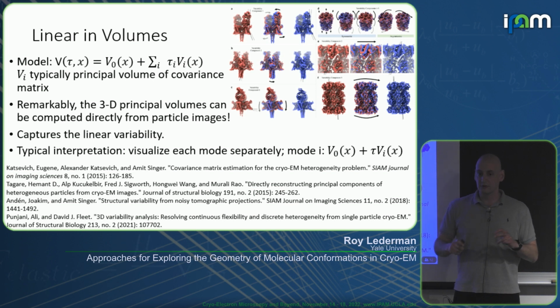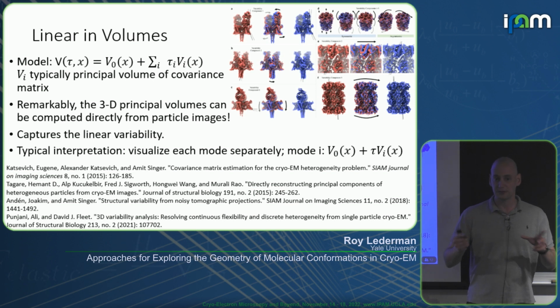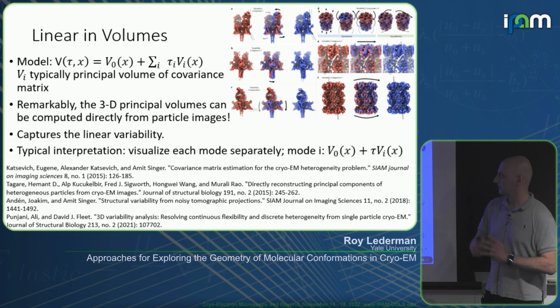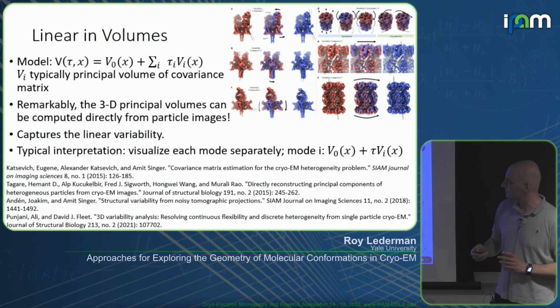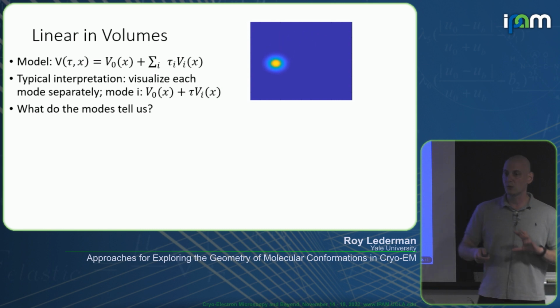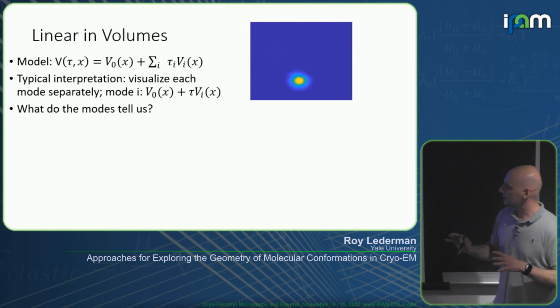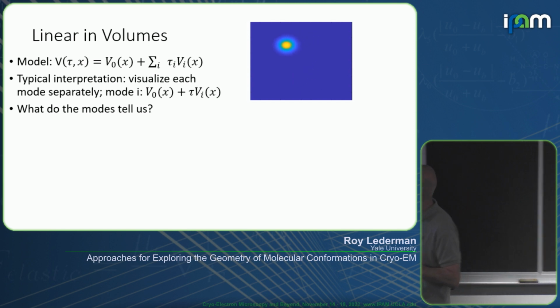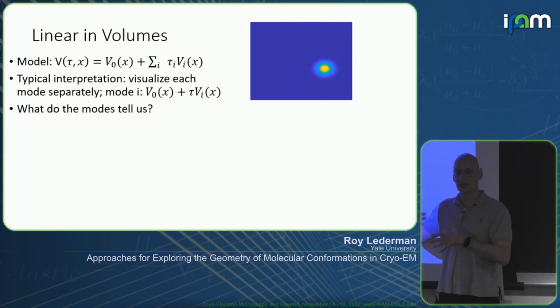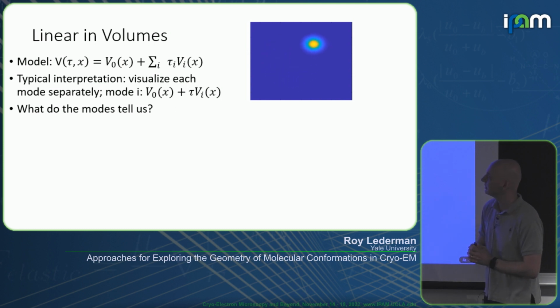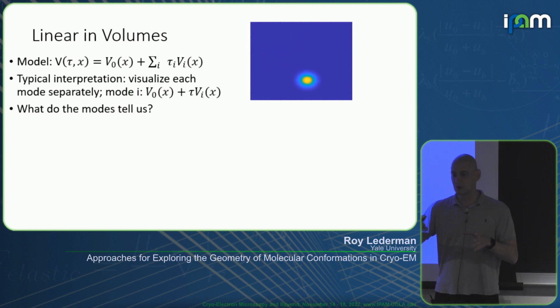And it's actually pretty successful, especially if there are still distinct conformations. I want to show you a sense of what's the difficulty with these linear models. Especially because the traditional way of visualizing the result out of this, it's not the only way, but maybe the traditional way, is to look at each mode separately.